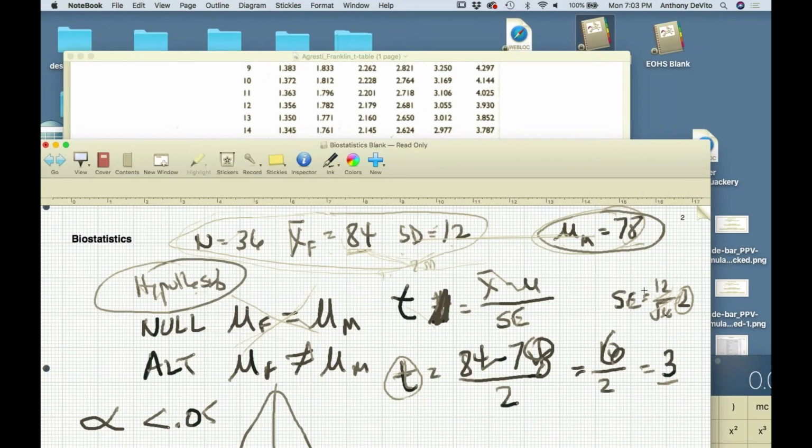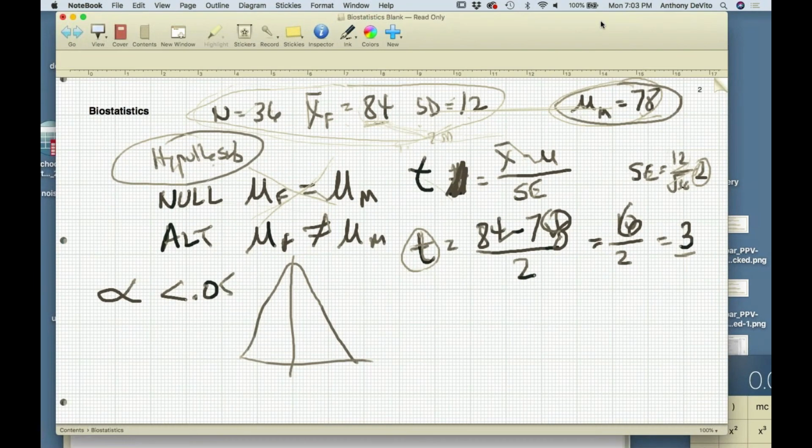So our critical value of t that we need to exceed, the distance apart in standard errors that these have to be, our t critical, is equal to 2.03.